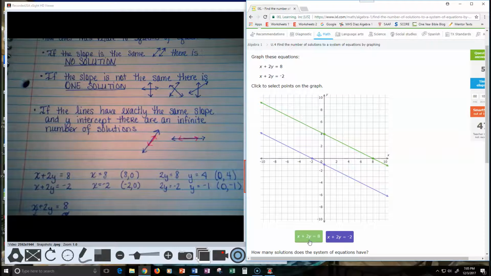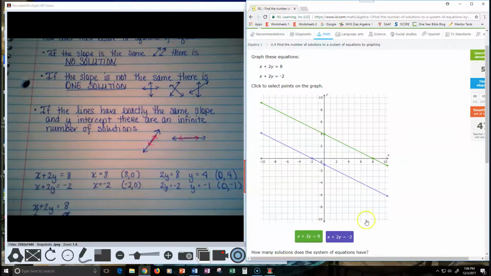You really could stop right there if you're already graphing it. If you're going to change it into y-intercept form to graph it, though, go ahead and divide every term by 2, and then I have y is equal to -1/2 x plus 4.